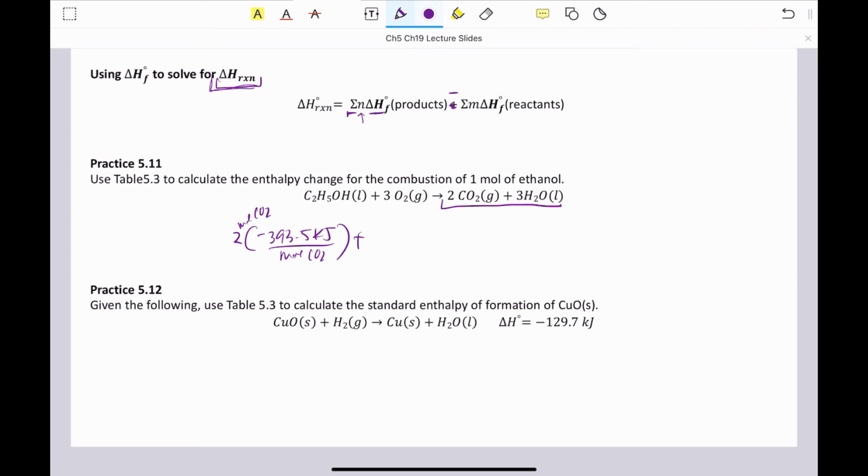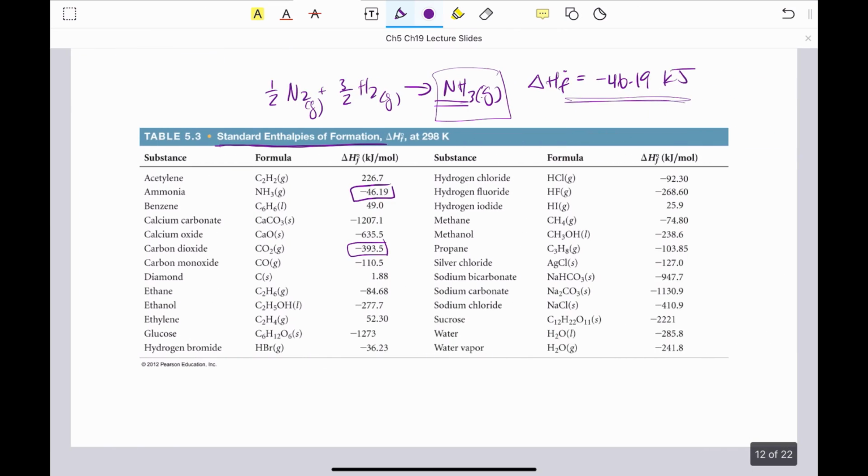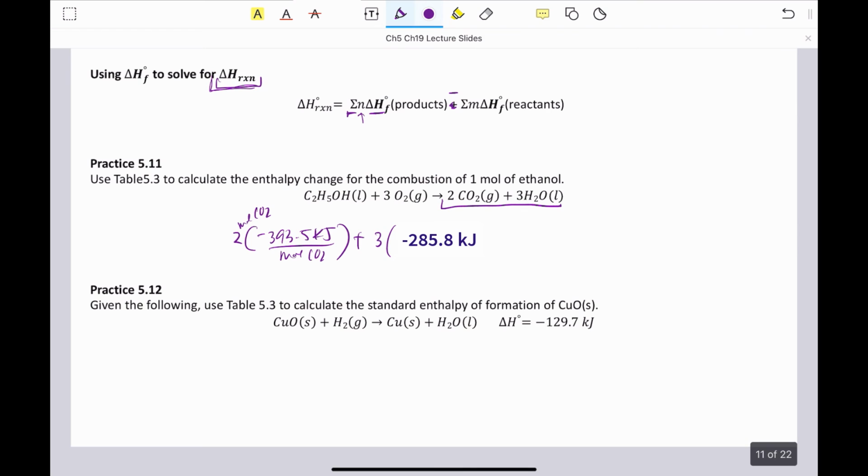And we're going to add to that our 3H2O, so 3 times our H2O liquid. So we would go find water as a liquid, and that's negative 285.8, right? And this is our, nope, that's our this part, sorry. And then we're going to do products minus our reactants, so turns out this one is easy, right?